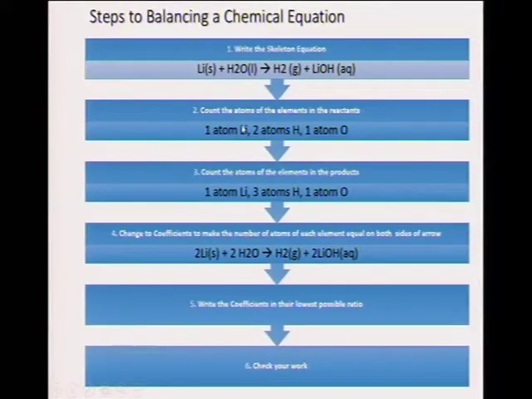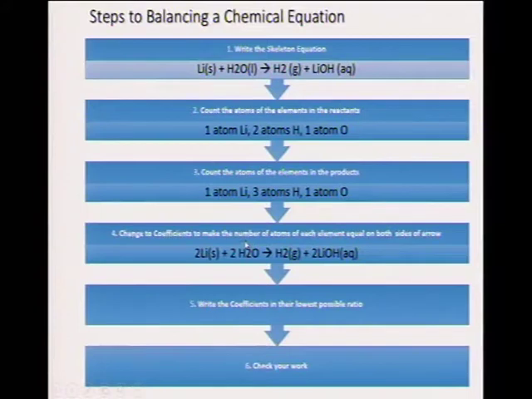We have 1 atom of lithium, 2 atoms of hydrogen, and 1 atom of oxygen. Now we count the atoms of the elements in the products. We have 1 atom of lithium, 3 atoms of hydrogen, and 1 atom of oxygen. So we can see they are not the same. For lithium, they are the same. Oxygen, they are the same. But for hydrogen, we have 2 in the reactants, 3 in the products.